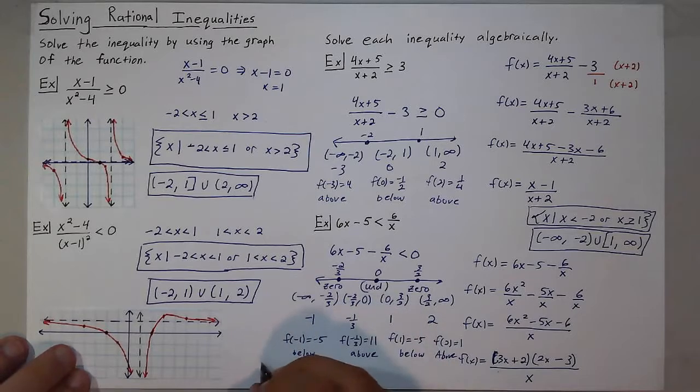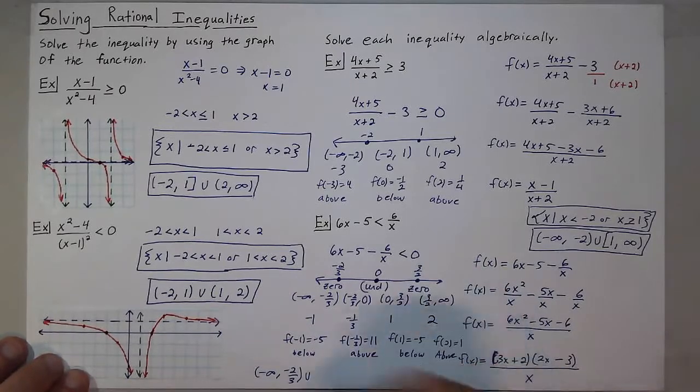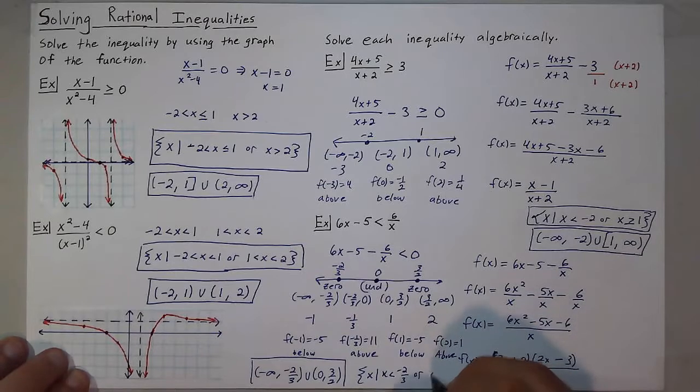So negative infinity to negative 2/3. And from 0 to 3/2 is also below. And if you were to write that in set notation, it would be x is all real numbers such that x is strictly less than negative 2/3, or between 0 and 3/2.